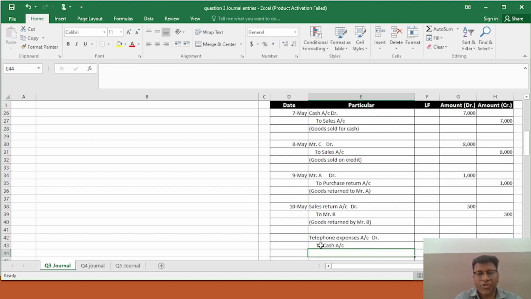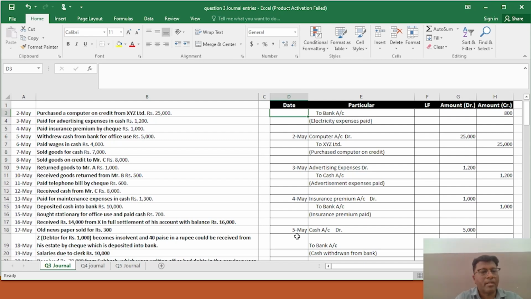And what would be the narration? Telephone expenses paid. And what about the amount? Rupees 600. And the transaction occurred on 11th May, right?